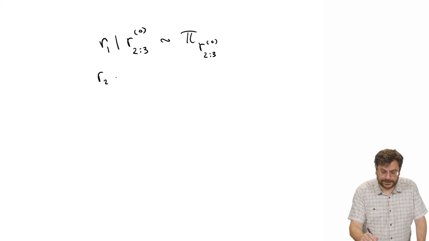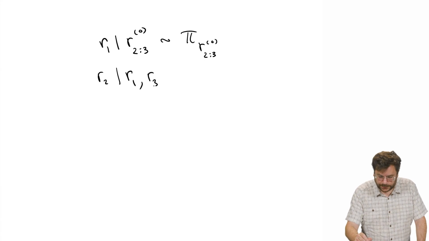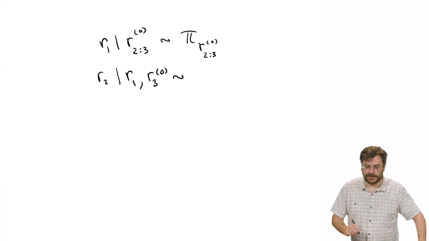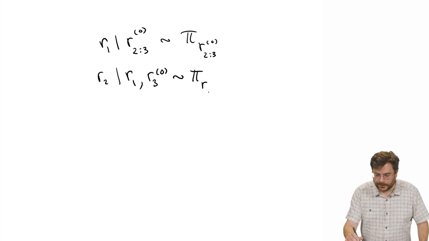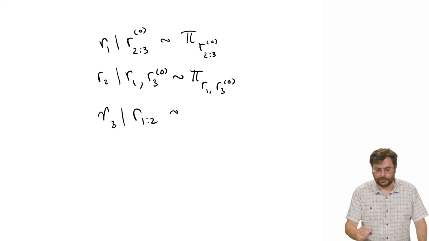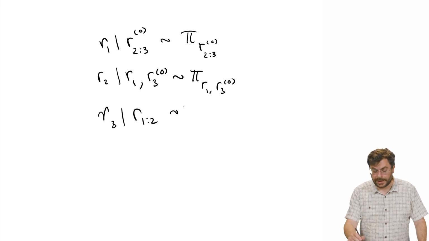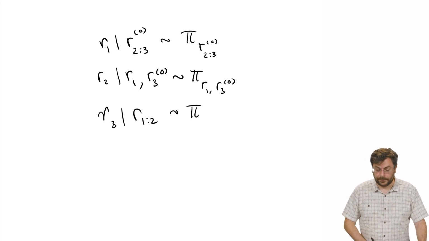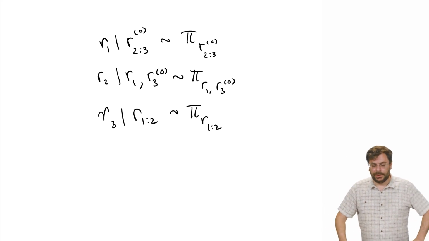Then I subsequently sample R2 given this new R1. R3 has still not been updated, so this is pi of R2 given R1 and R3. Subsequently I sample R3 given R1 and R2. Both R1 and R2 have now been updated.